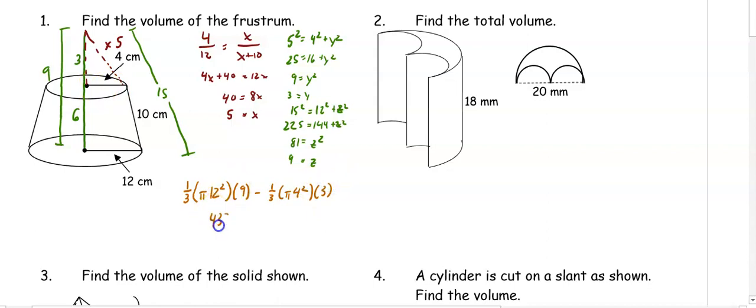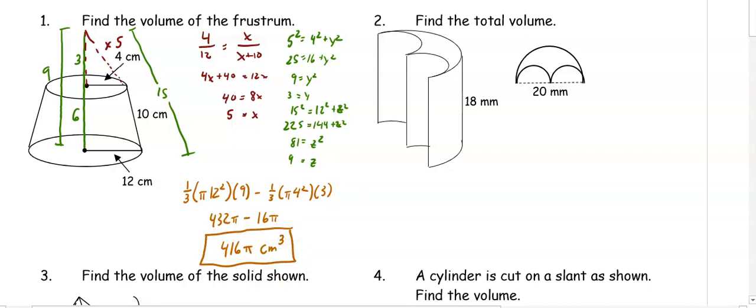That gets us 432 pi minus 16 pi, which is going to give us a total volume of 416 pi centimeters cubed. Remember that volume is always cubed units.